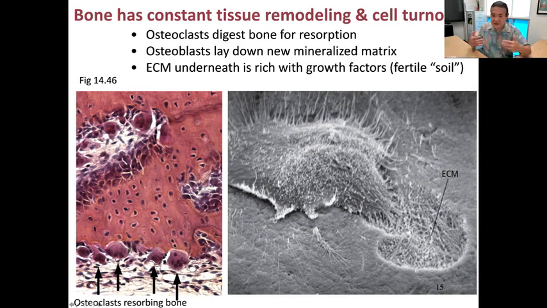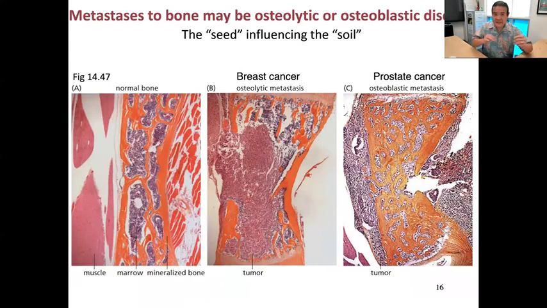This is the nutrient-rich and mitogenic signal-rich extracellular matrix, so that these factors can then be released to encourage things like osteoblasts to move around in here and lay down the new mineralized bone. So metastases to bone takes advantage of this rich environment of mitogenic signaling to grow in.